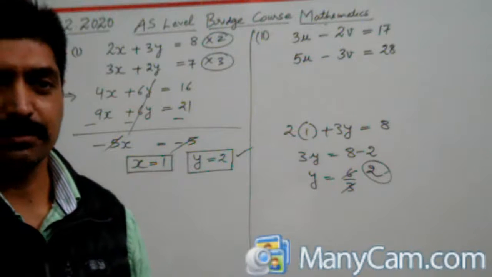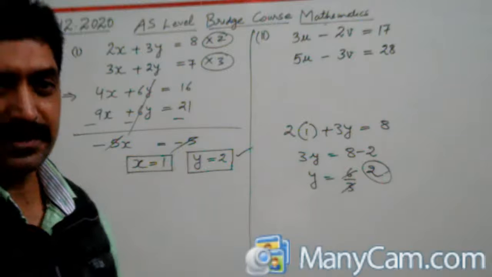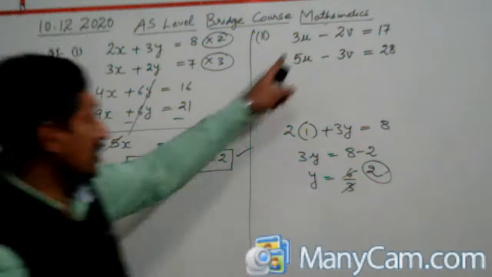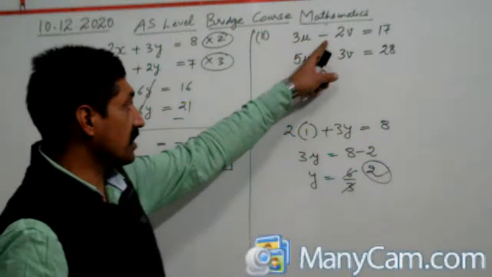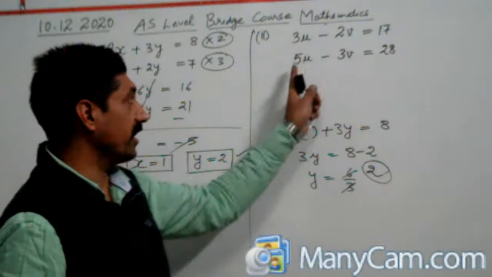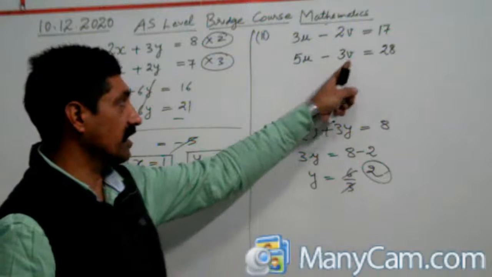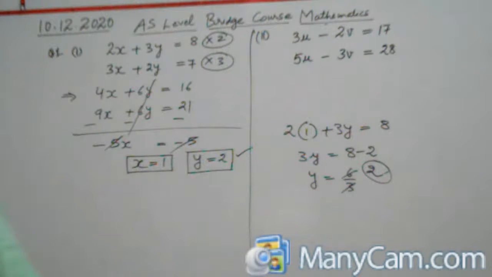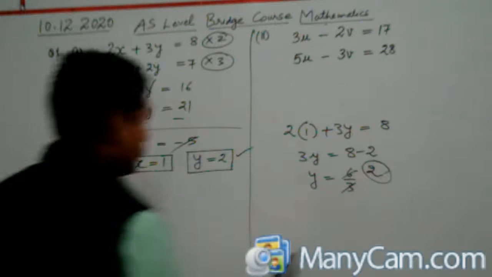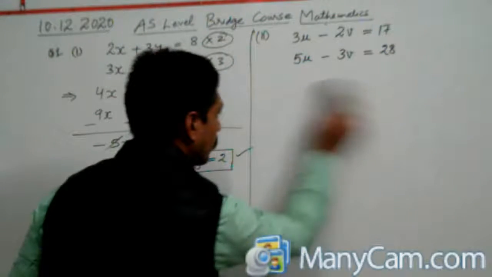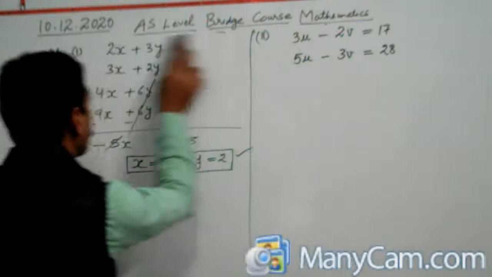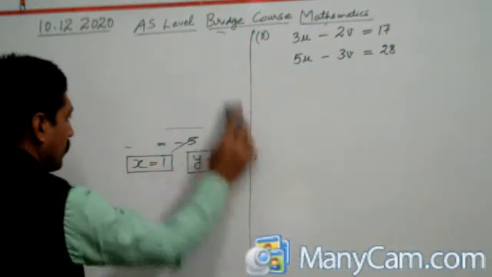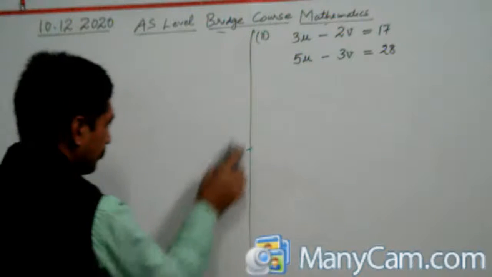So it is not only me who should solve. Please, first equation is 3u minus 2v is equal to 17 and 5u minus 3v is equal to 28. Solve quickly. Let me take one more equation, the last part.